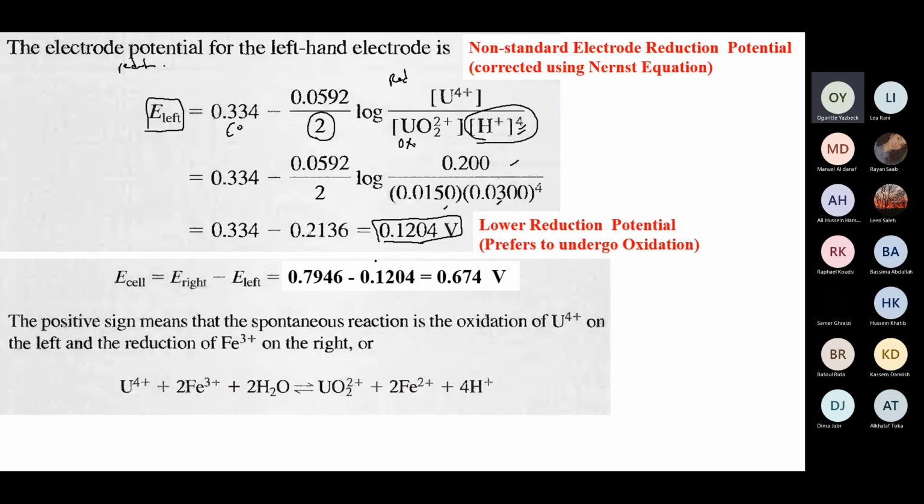The overall E of the cell is E of the reaction undergoing reduction on the right-hand side minus E of the reaction undergoing oxidation on the left-hand side. And this is nice, the idea of right and left, because both are reduction potentials. Okay, reduction potential.